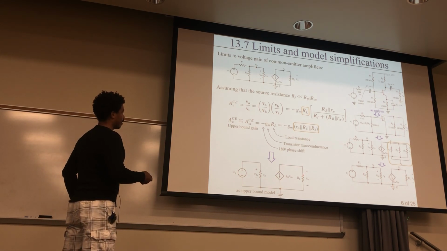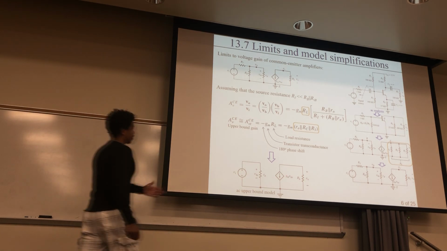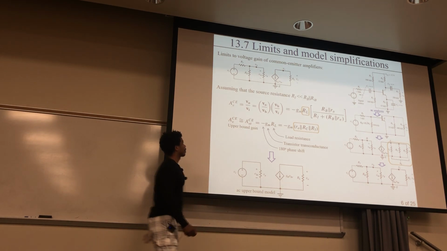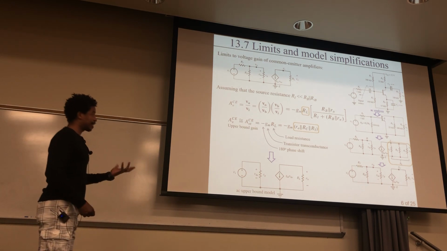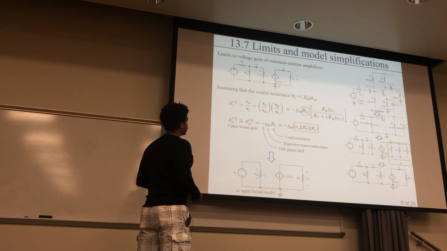You have this RL and this GM, the transconductance. This is sort of the model, if you want to inspect a transistor and look at the upper bound for AC analysis, the model looks like this. It's very simple, and that's as best as it can get for the upper bound.